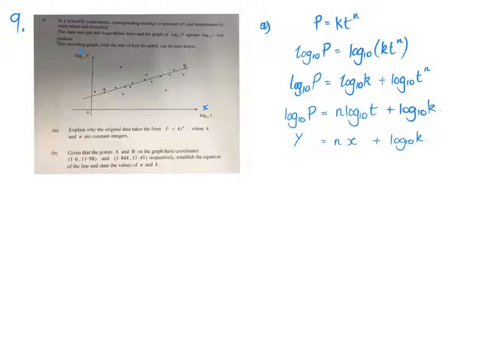So we've got a straight line, which is what we have, so we've managed to work it to there. Therefore, the straight line started as the form p equals k t to the n, as the graph shows this relationship.